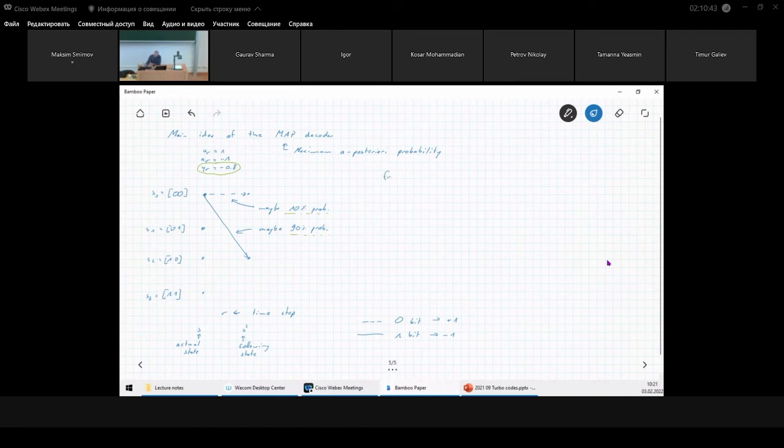So from the observations of the systematic bit, we can get probabilities for certain transitions in the trellis diagram.